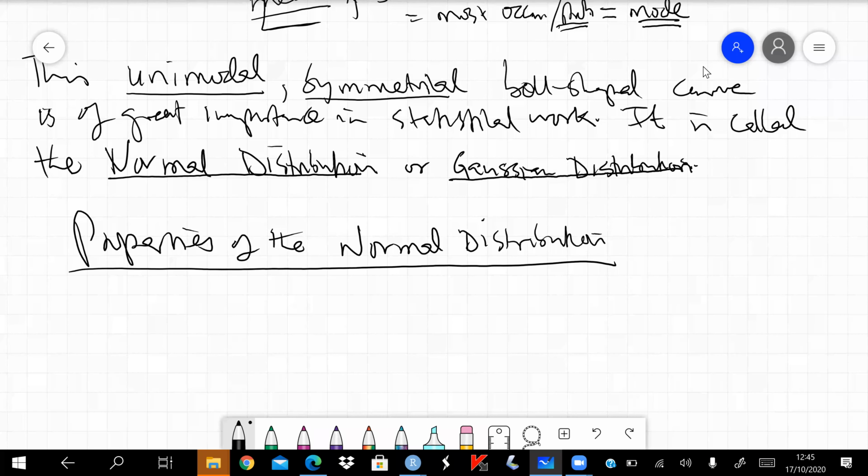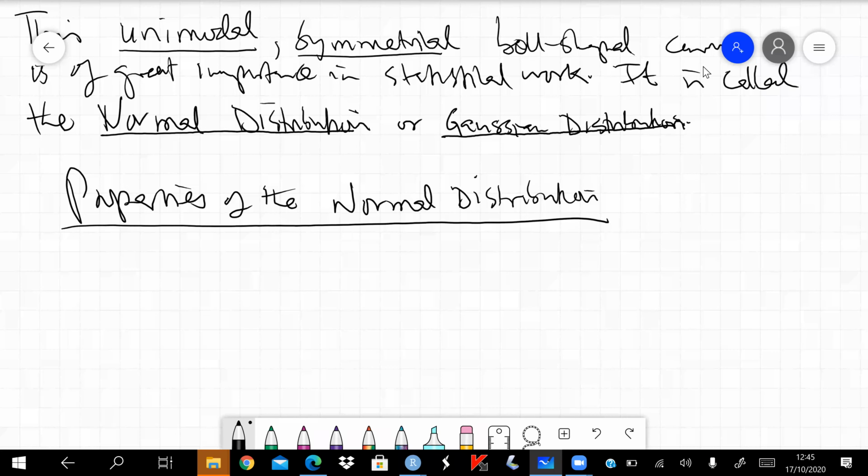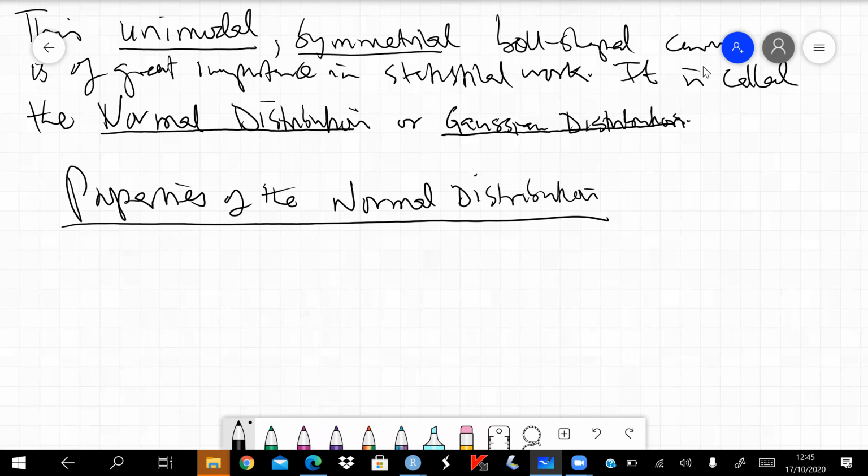So here we're going to mention the properties of the normal distribution, and we are going to list around 5 of them. So let's have some introduction before we list the specific properties. So if y is the ordinate of the probability curve.